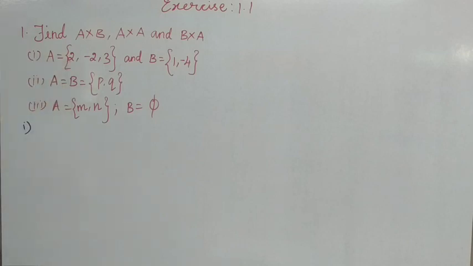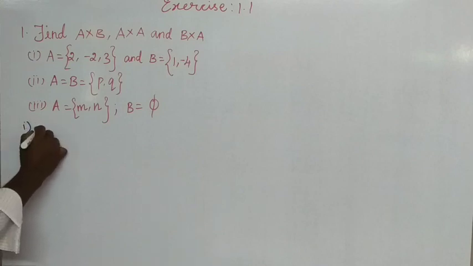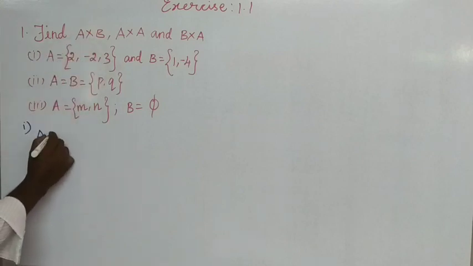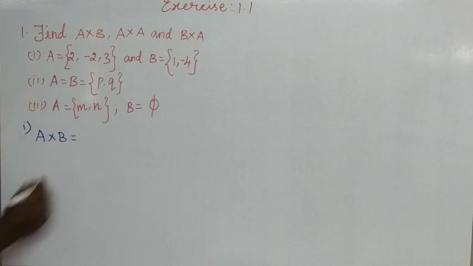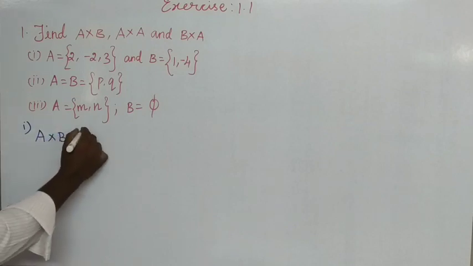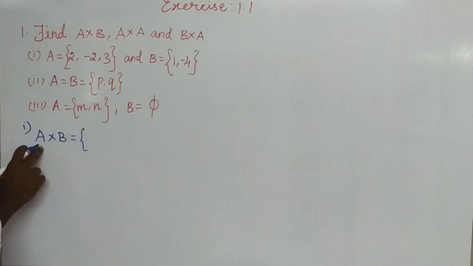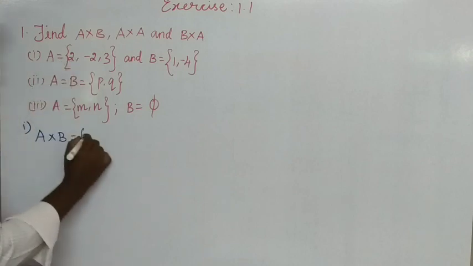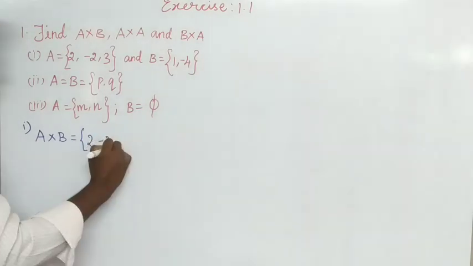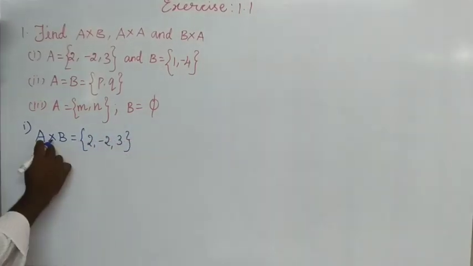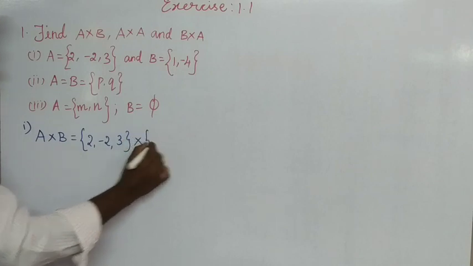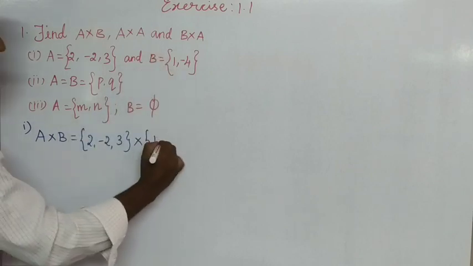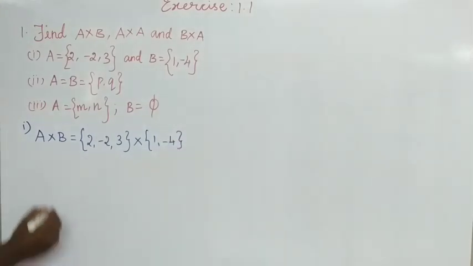A is equal to the set of all 2 comma minus 2 comma 3 and B is equal to 1 comma minus 4. So let us write A cross B. First we have to find A cross B, which is equal to, first write the elements of A. What are the elements of A for the first problem? 2 comma minus 2 comma 3 cross the elements of B, 1 comma minus 4.